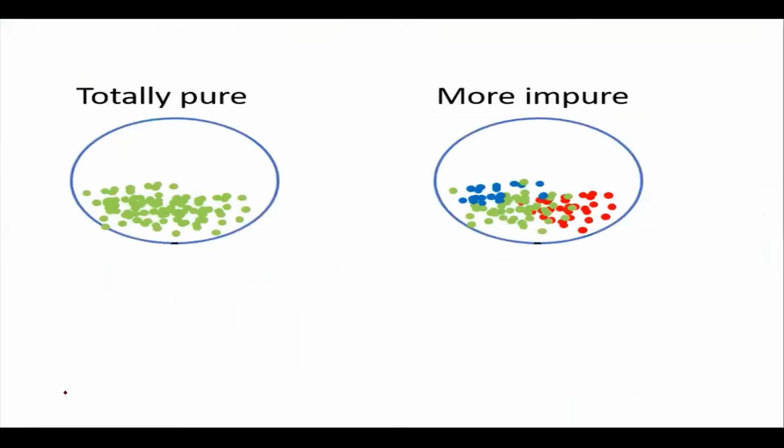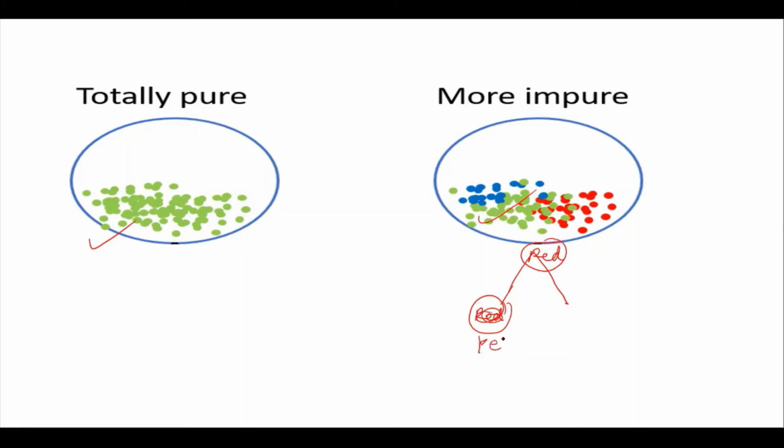Before going to that, we need some more mathematics here. This is totally pure and this is impure. Suppose someone says, what you see, things are mixed up here. We have green ones, blue ones, red ones. So you have to divide finally. You can ask a question here, is it red?